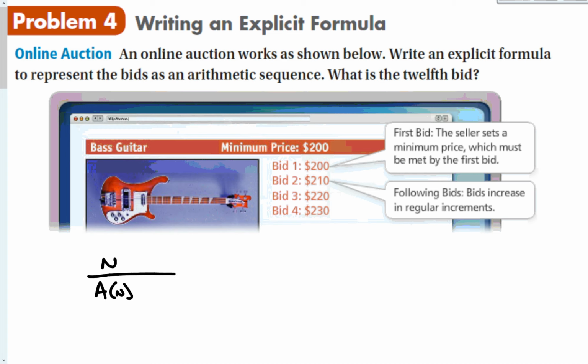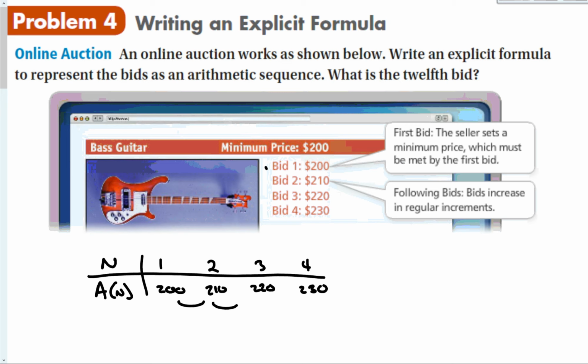At my first term, bid 1 is 200, then bid 2 is 210, then bid 3 is 220, bid 4 is 230. And we can see that each one is going up by $10.